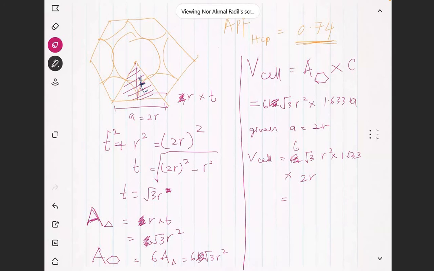Right, what is the answer for the volume of the cell, the volume for the unit cell? Anyone? There is no value of R. Leave the constant as R. The answer must be something in R.